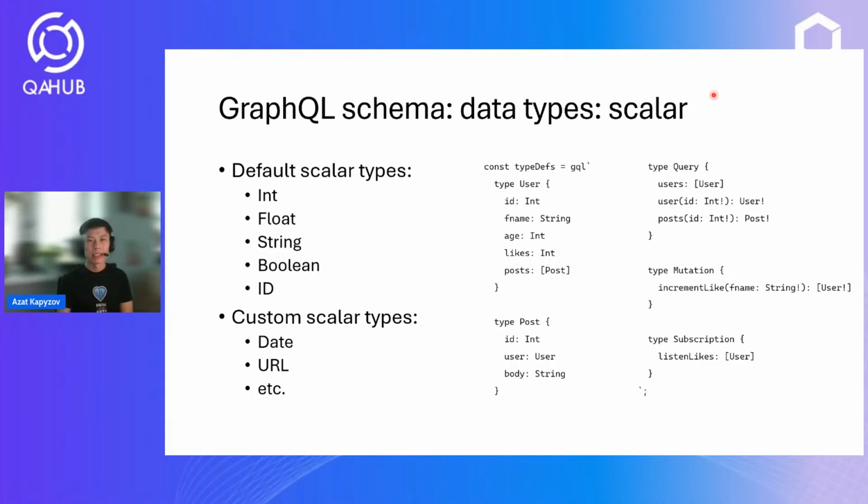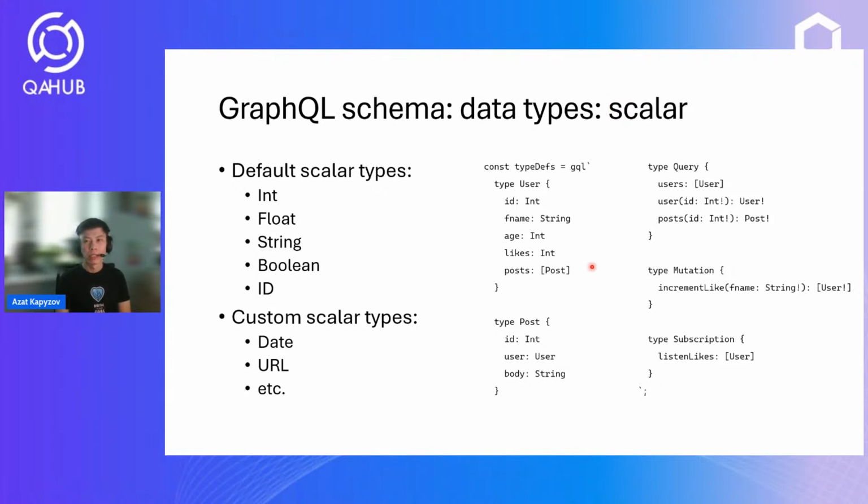First, the data type scalar. It's, let's say, like primitive data values like integers, float, strings, Boolean values, and IDs, and they are the default values that are already built into GraphQL. But developers are also allowed to create their own scalar types, like for example date, URL, etc. So developers can extend this list of scalar types in their projects.